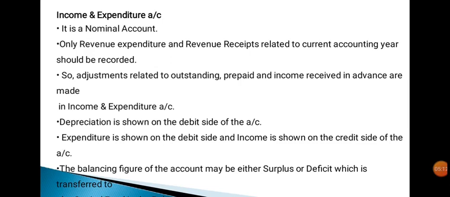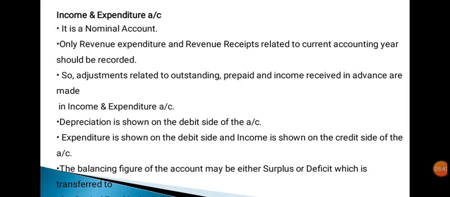Only revenue expenditure and revenue receipts related to current accounting year should be recorded. To be short, only revenue items related to current accounting year must be recorded in income and expenditure account. Income and expenditure related to previous year or succeeding year should not be recorded in the income and expenditure account.